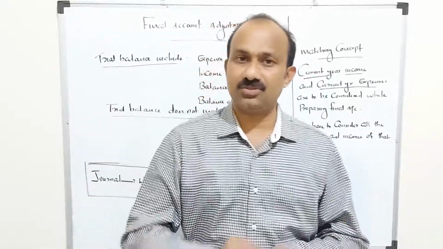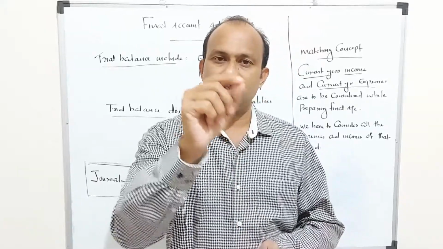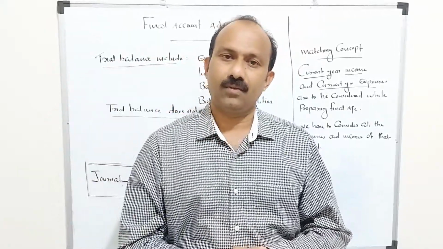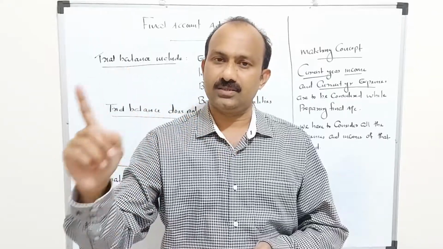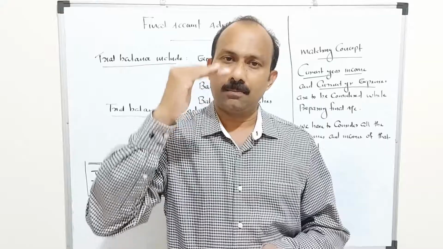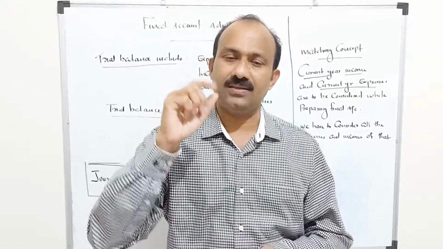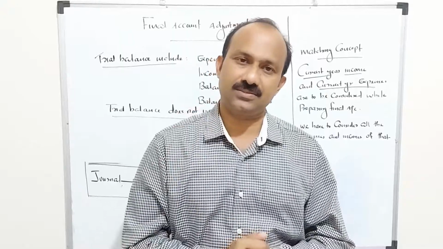What are the items included in the trial balance normally? Expenses paid, income received, balance of assets, balance of liabilities. These are the four main items we can see in the trial balance.